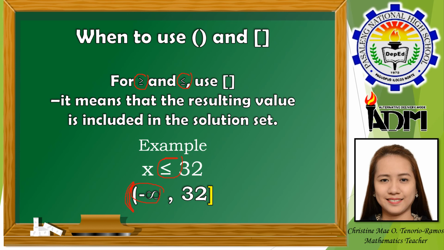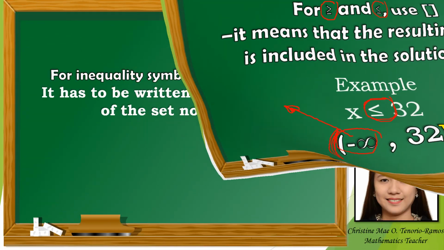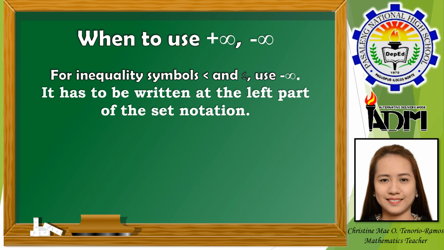So, bakit negative infinity ang ginamit? Kasi less than or equal yung ating inequality symbol. Always take note, nandito siya sa left. Kapag negative infinity, always sa left yan. Next. When to use positive or negative infinity: it has to be written at the left part of the set notation kapag negative infinity.